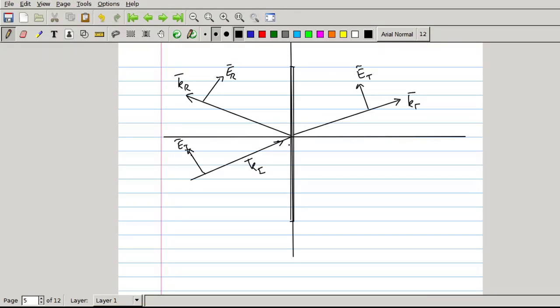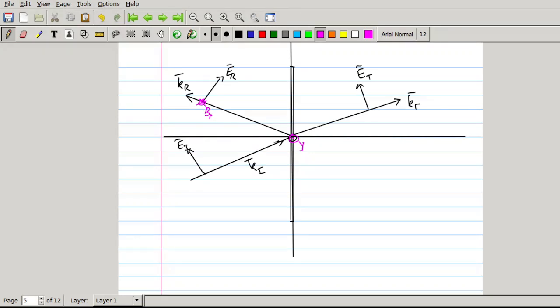Magnetic field will be perpendicular. This perpendicular direction represents the y axis. So here the magnetic field is into the plane, along the negative y direction, magnetic field BR.